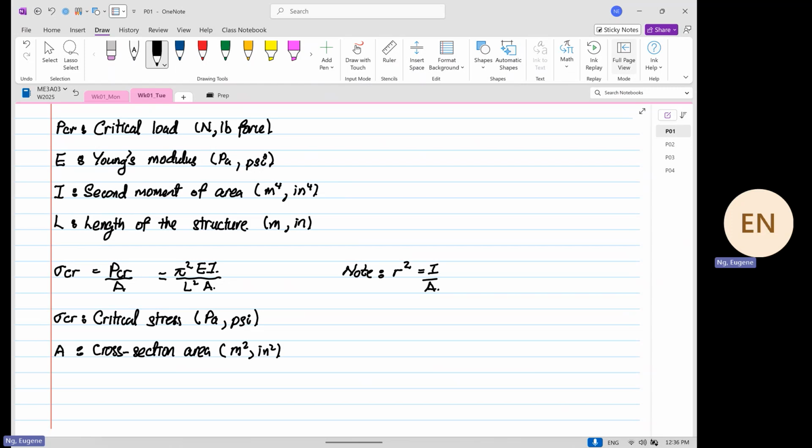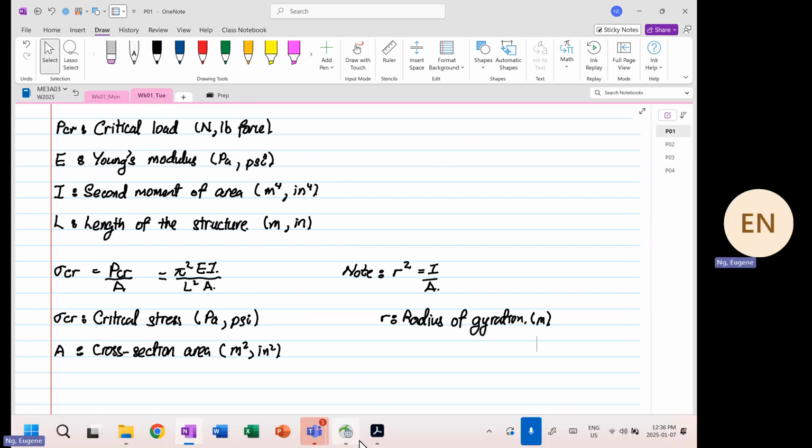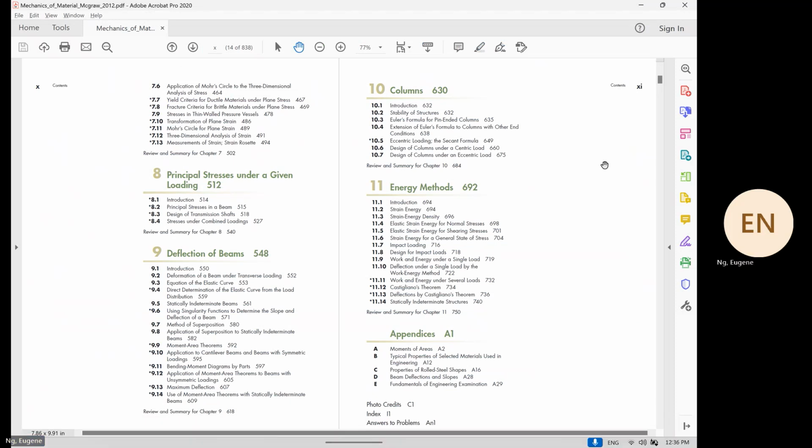On the right-hand side, we have r, which corresponds to the radius of gyration. Now, this r value you can find in a lot of handbooks. So the units should be in meters. If you look on your textbook, you downloaded the textbook already.